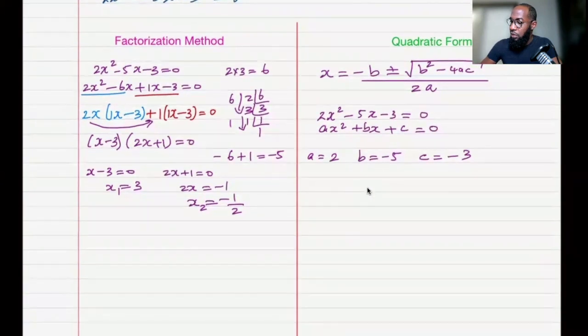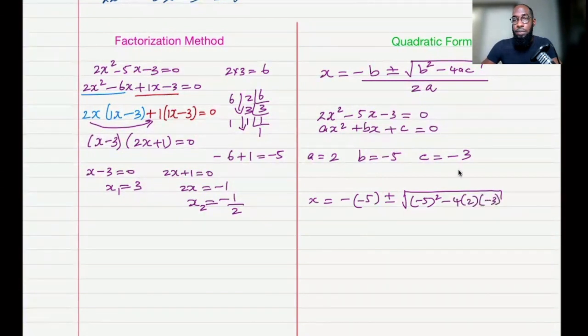Continuing, we're going to do the substitution now. So we have x equals minus b. b is -5. So I put, all right, minus b, b is -5. Plus or minus the square root of b squared, -5 squared, minus 4 times a, which is 2, and c is -3.